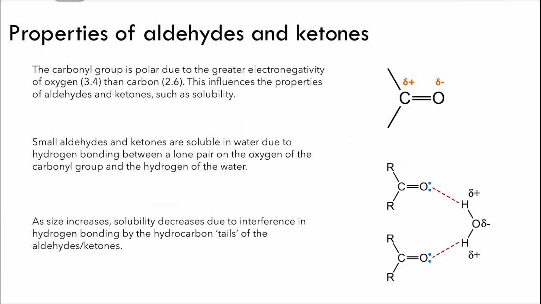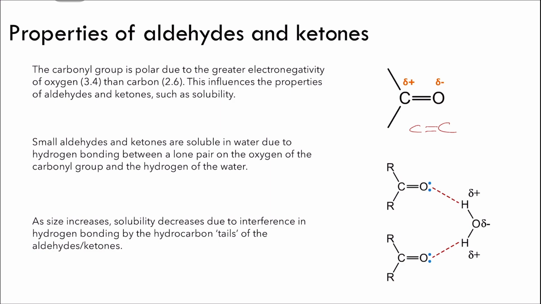So what are the properties of aldehydes and ketones? We are talking now about aldehydes and ketones, the carbonyl compounds. As we said, the carbonyl group is a polar group, unlike the alkene bond, which is not polar. Now there is a permanent dipole here between the oxygen and the carbon.